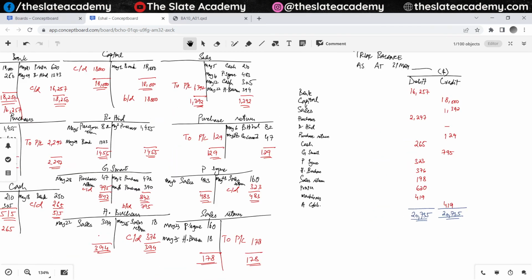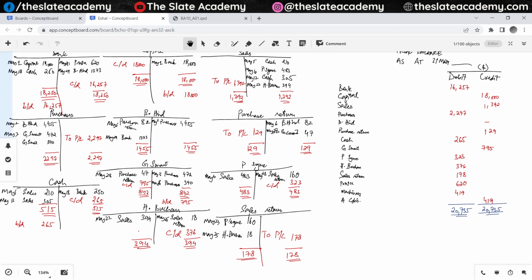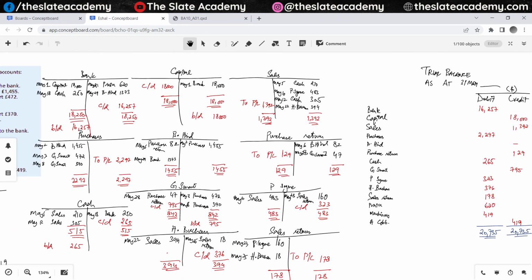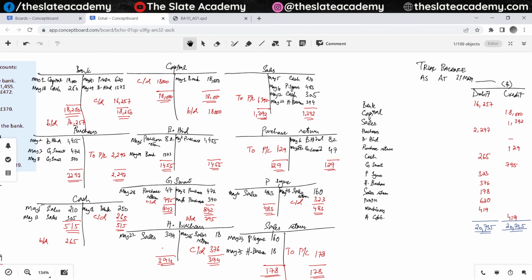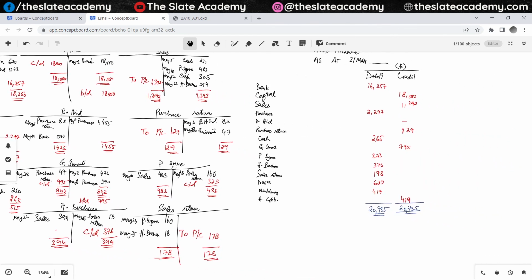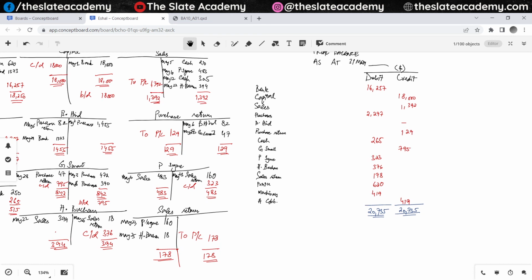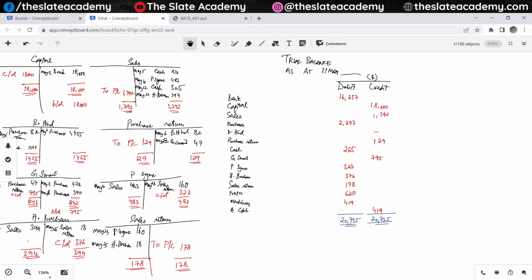That happens at the end of the period. Then we calculate the carried down balances and the profit and loss balances, and accordingly put them in the trial balance. We have to match the debit and credit sides of the trial balance. Once it matches, we can move on to the next step of preparing the financial statements.